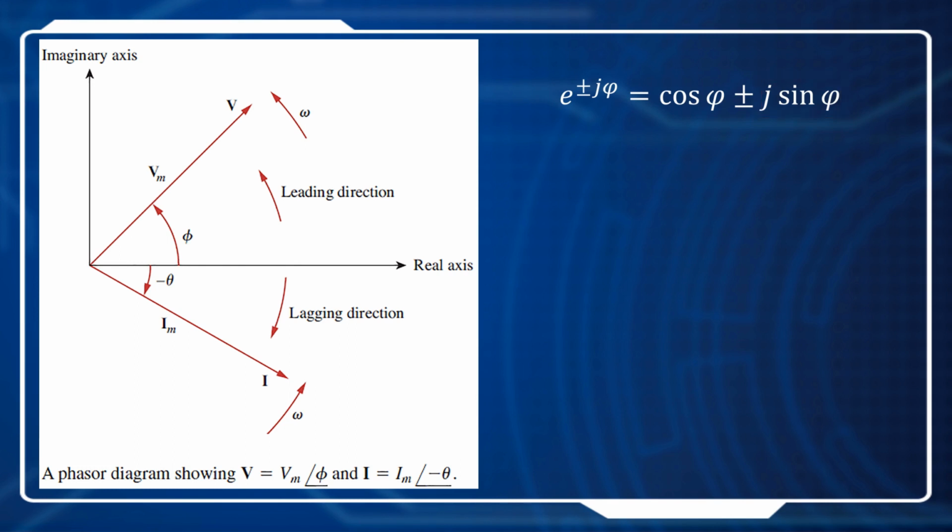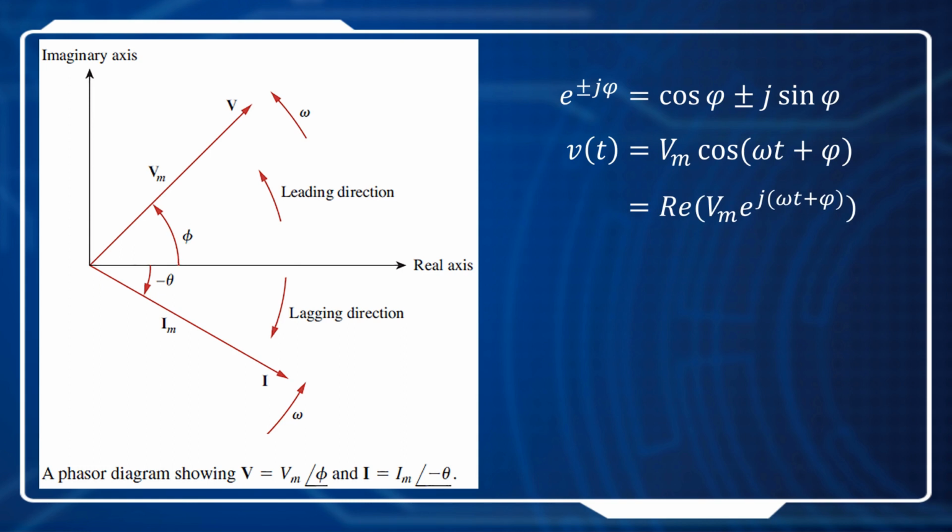So we can write a sinusoid v(t) like this. v(t) equals Vm multiplied by cosine omega t plus phi equals the real part of Vm multiplied by e to the j omega t plus phi.